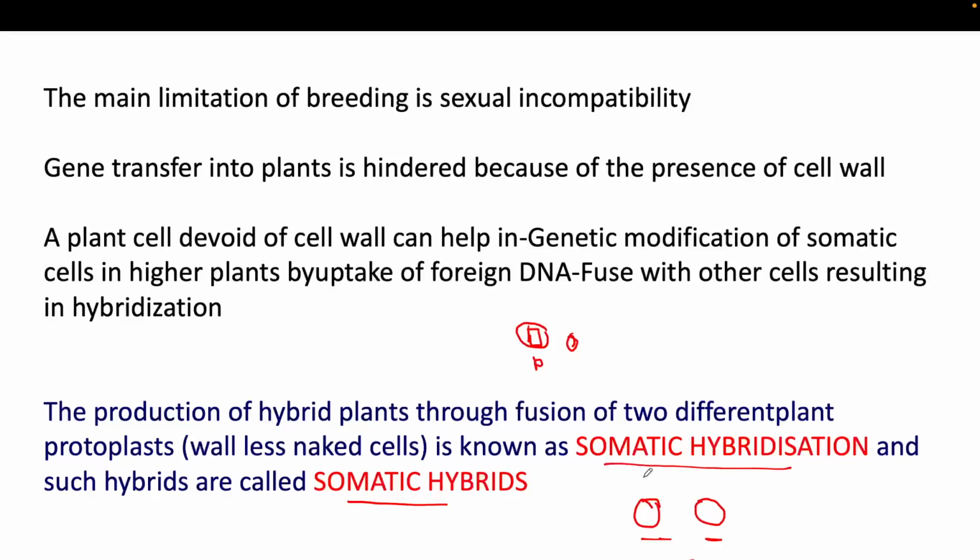So when you take the somatic cells of two different plants and fuse their protoplasts, that process is called somatic hybridization, and whatever hybrid is produced is called a somatic hybrid. And protoplast here means the whole content of the cell apart from its cell wall. So that is called the protoplast.